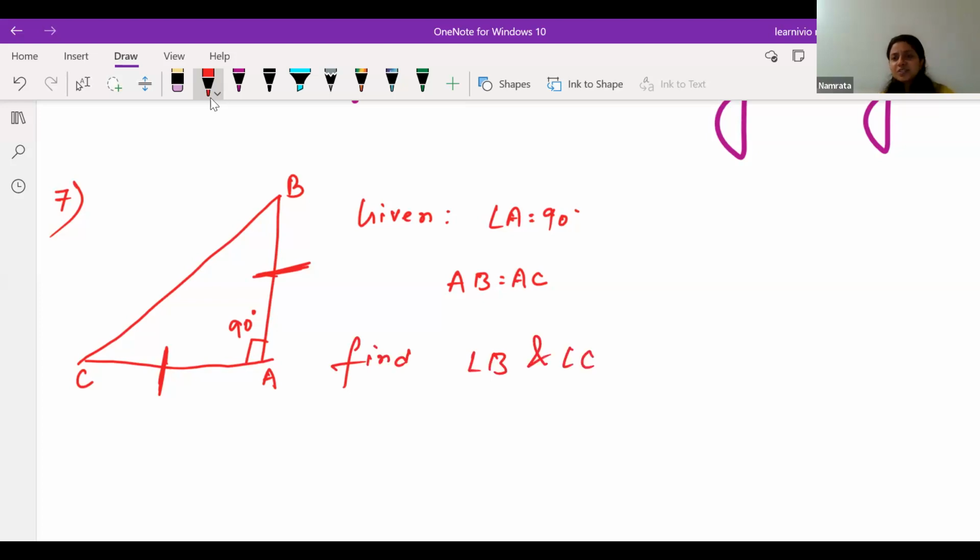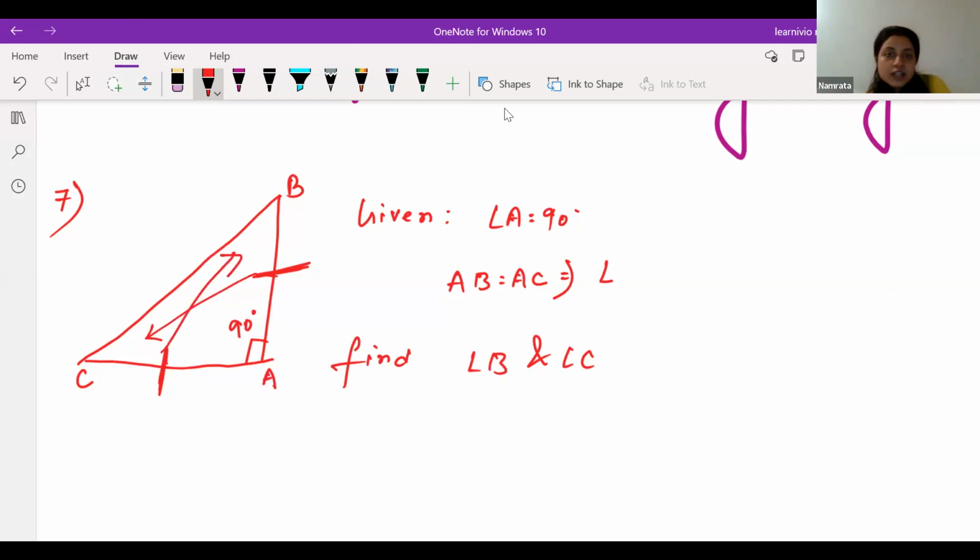Again, without using the concept of congruency, we can go ahead and find the required angles, that is B and C. Okay. How can we do so? AB is equal to AC, so can we say that angles opposite to equal sides are equal? Opposite to this one, this angle.